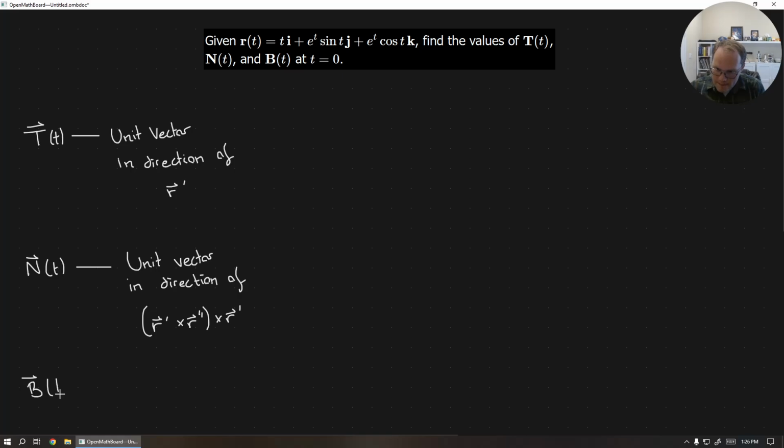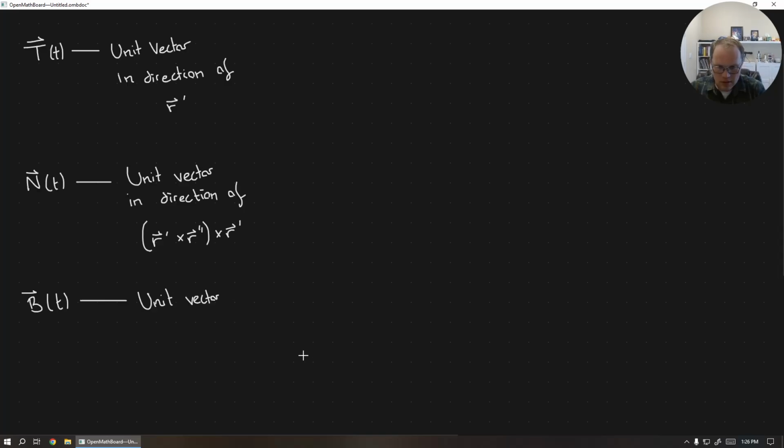And the unit binormal vector is the unit vector in the direction of r prime cross r double prime.